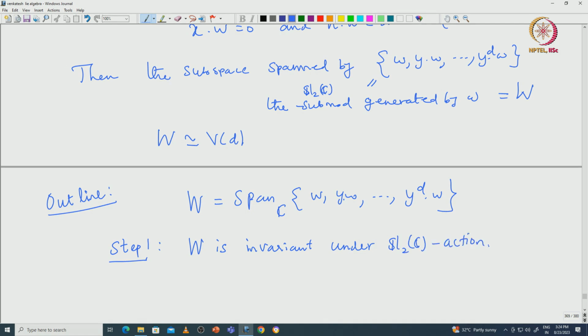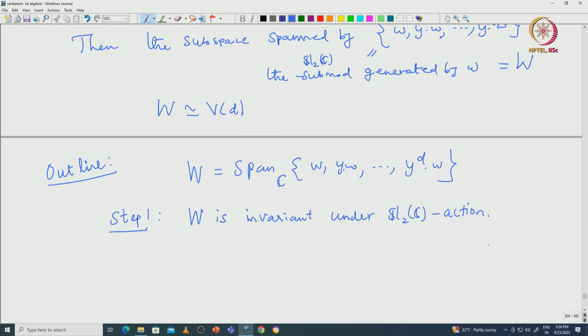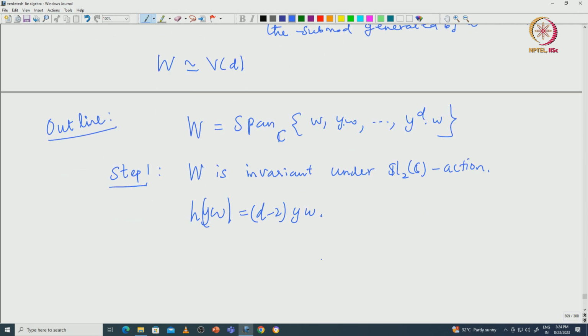It is clear that it is h invariant, because w is an h eigenvector. You can see that y w will have d minus 2 eigenvalue and so on. If you calculate the h action on this y w, you can prove that this is d minus 2 times y w, and so on.